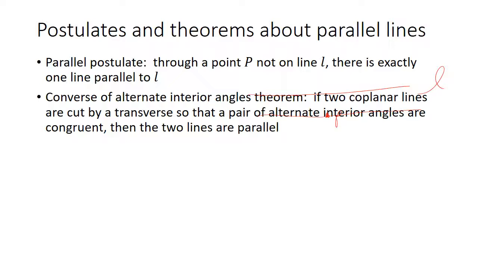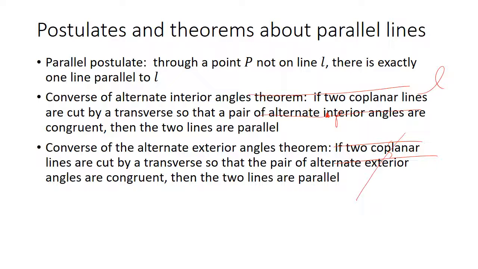The converse of alternate interior angles says that if you've got two coplanar lines cut by a transversal so that your alternate interior angles, these two right here, are congruent, then your two lines have to be parallel. Alternate exterior: if you've got two lines cut by a transversal and your alternate exterior angles are congruent, then your lines are parallel.